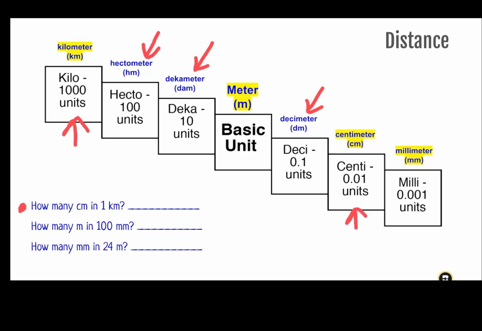I have 1 kilometer, so I'm going to write it out. That's a 1, which of course is the same thing as 1.0. Starting at kilometer, I'm going to hop over the correct number of squares. There are 1, 2, 3, 4, 5 hops to get to centi.